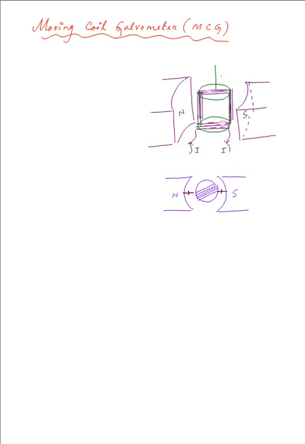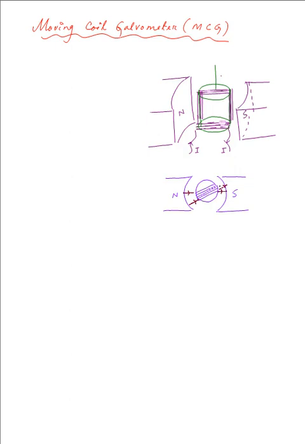What about any other point? Let's consider this point. At this point, it comes out like this, being normal to that curved surface that we have for the North Pole, and it enters the South Pole similarly at right angles.